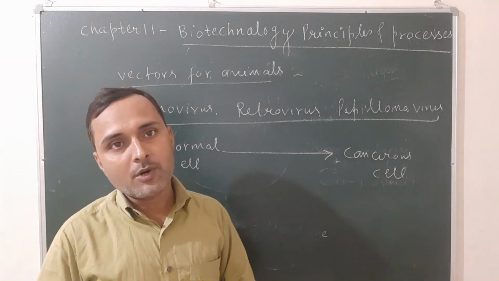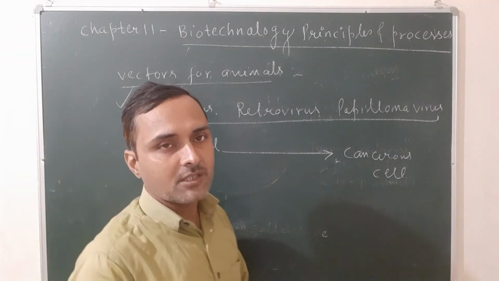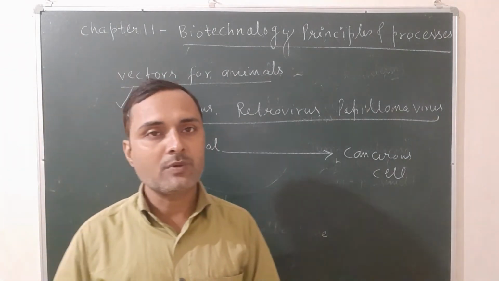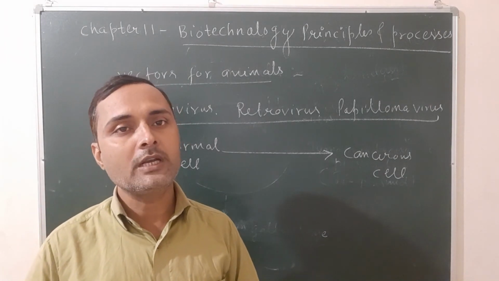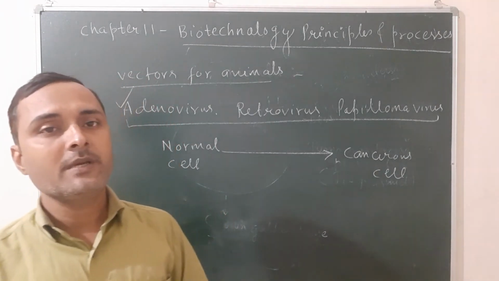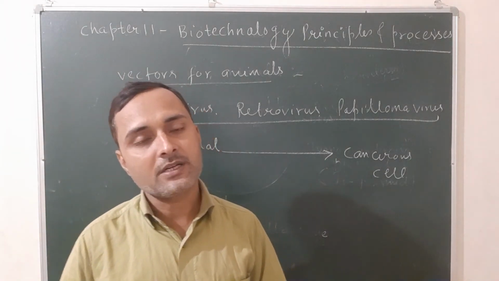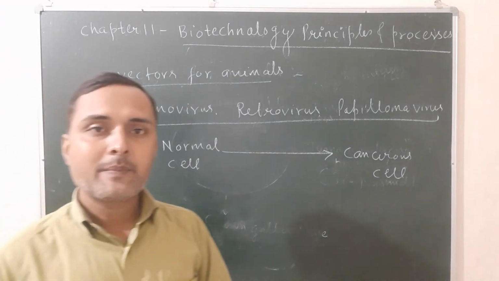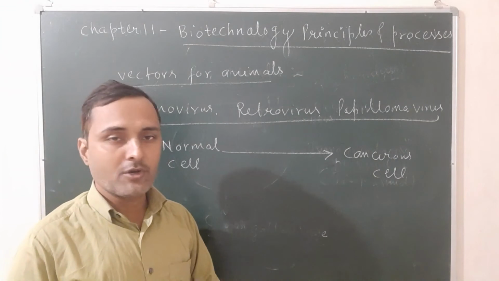So this is all about vectors for plants and animals. Once again, the most common vector used in plants is Agrobacterium tumefaciens, which causes crown gall disease and has a special plasmid known as the Ti-plasmid, where Ti stands for tumor-inducing. The most common vectors used in animals are adenovirus, retrovirus and papillomavirus.